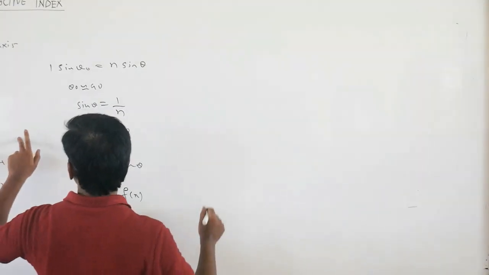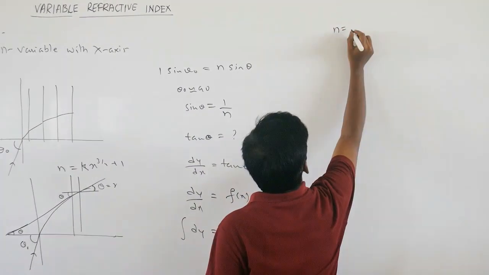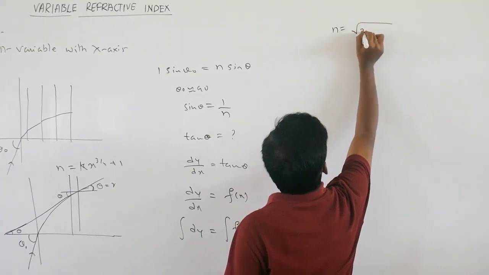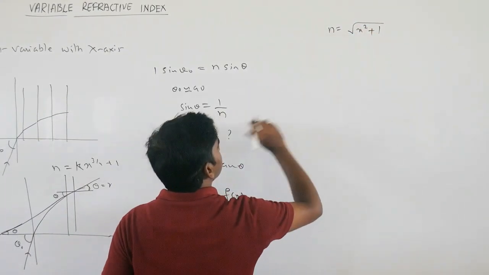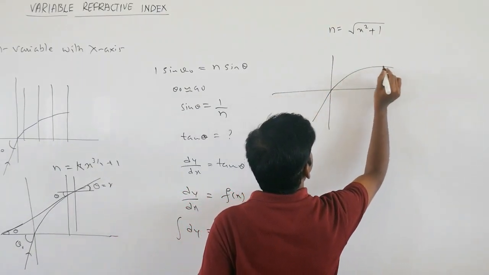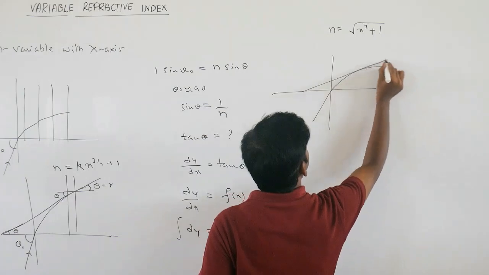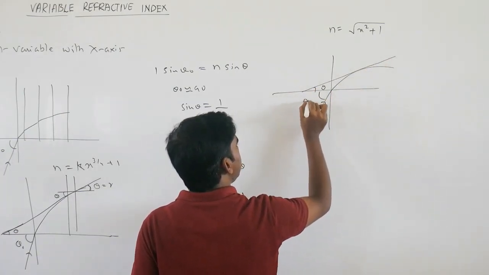Now let me take an example on this one, when n is varying with x. Suppose they give n equals root of x square plus 1. So what is the curve? The curve is going to be like this. This is going to be your tangent, this is theta, and this is theta naught.